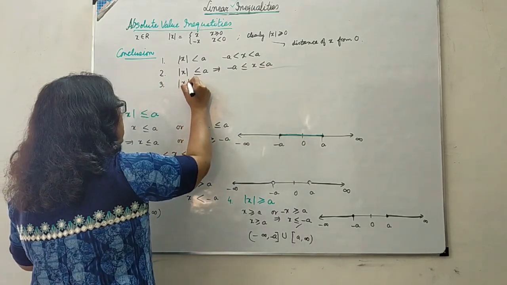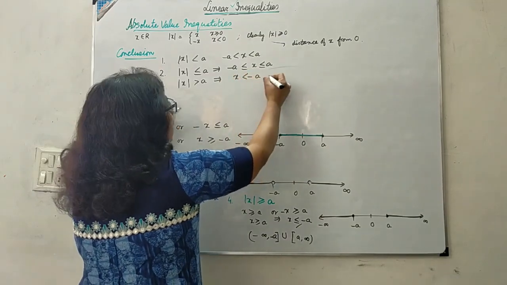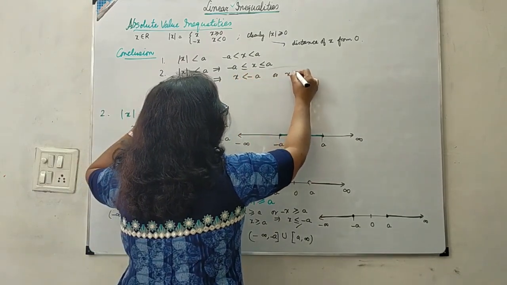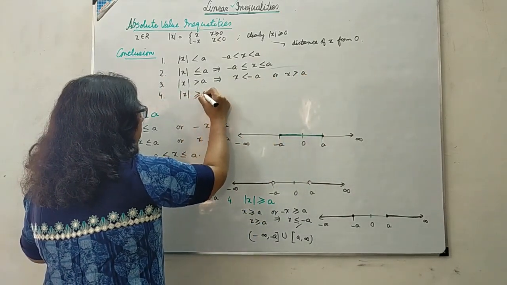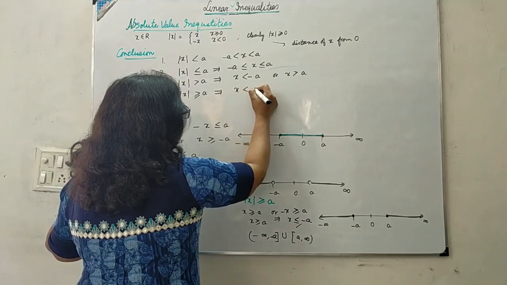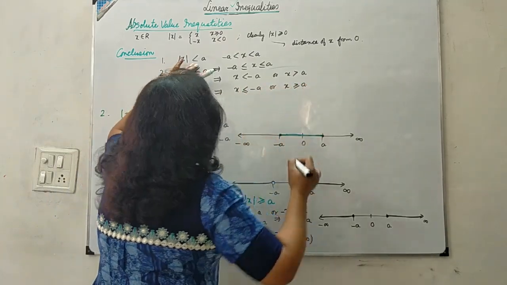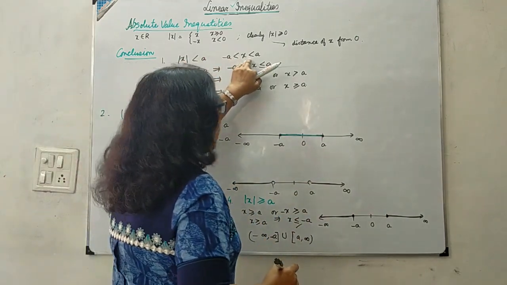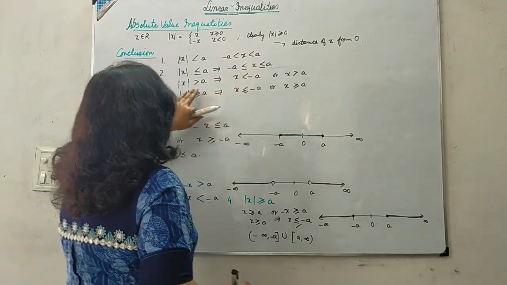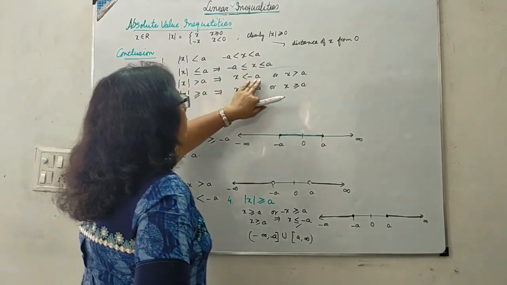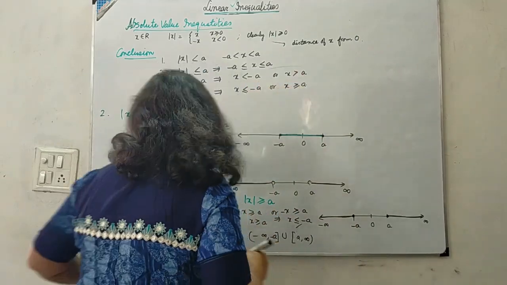The third is modulus x greater than a, that means x less than minus a or x greater than a. Then the fourth is modulus x greater than or equal to a, which implies x less than or equal to minus a or x greater than or equal to a. If there is a less-than sign, then the variable x lies between negative a and positive a. But if it is a greater-than sign, then x is less than the lesser value or greater than the greater value.